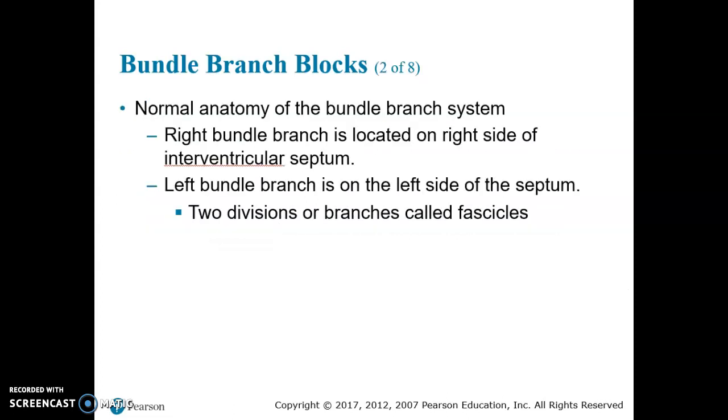We're going to talk about bundle branch blocks with the normal anatomy of the bundle branch system. The right bundle branch is located on the right side of the interventricular septum, with the left bundle branch on the left side of the septum. The left bundle branch has two divisions or branches that are called fascicles.